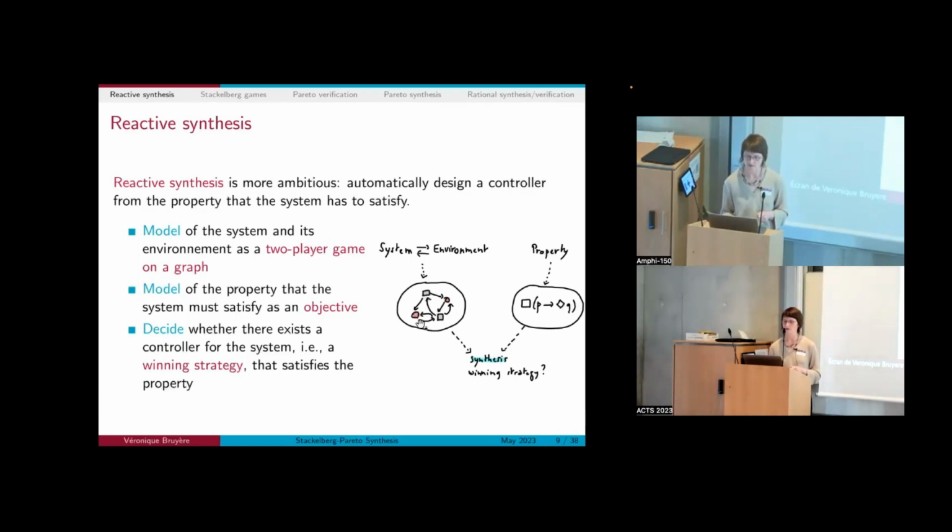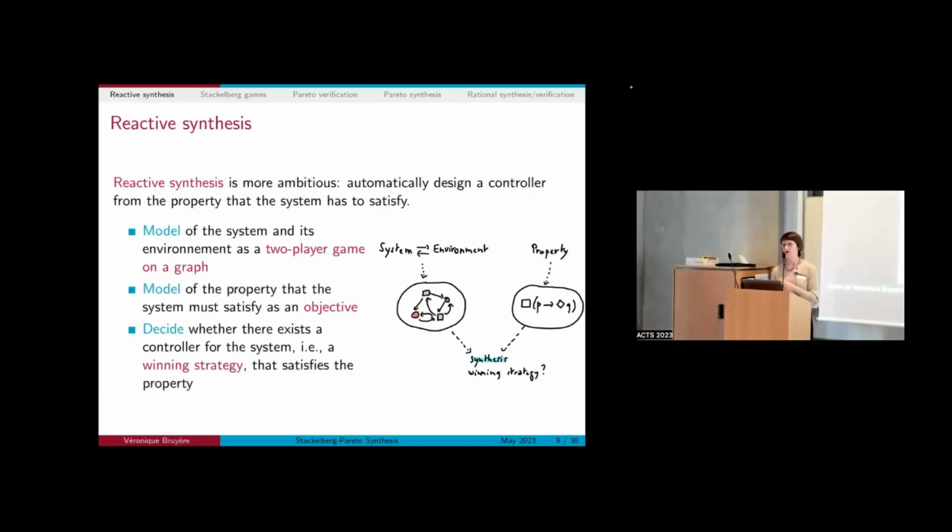It means that now you would like to design a controller for your system from the property that the system has to satisfy. A way to do this is to model the interaction between the system and the environment as a directed graph. There are two players that are opposed, the system against the environment. And here is the property that we want to see satisfied, an LTL property.